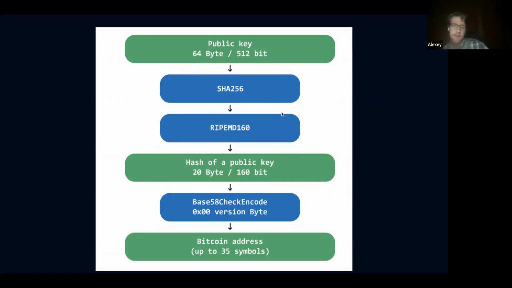Once we have the hash of a public key, we add a version byte to it. The version byte is simply a special value which depends on the type of coin spending conditions that will be specified in the script pubkey, so that the sender can know how to construct the transaction.